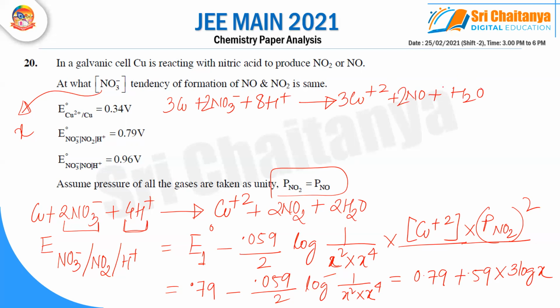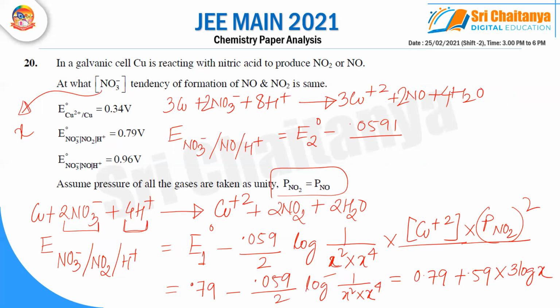A 2 will suffice here and a 4 will appear here. And if I apply the Nernst equation, NO3 minus changing into NO in acidic medium, this will be equal to E2 naught minus 0.0591 divided by the number of electrons.